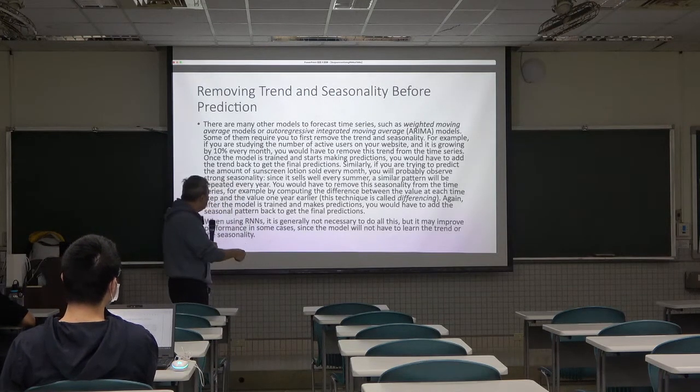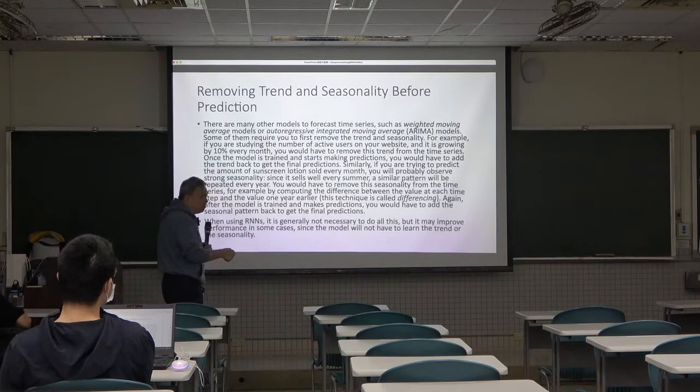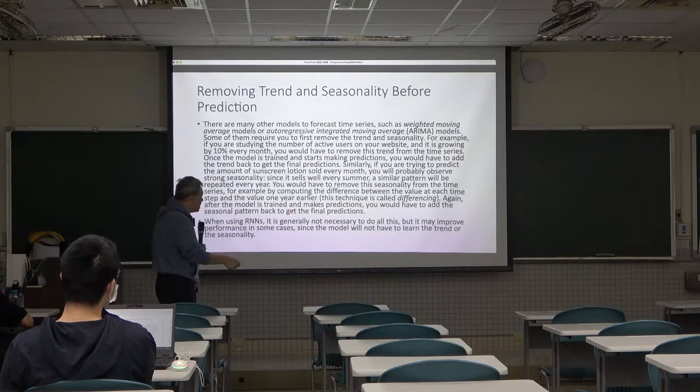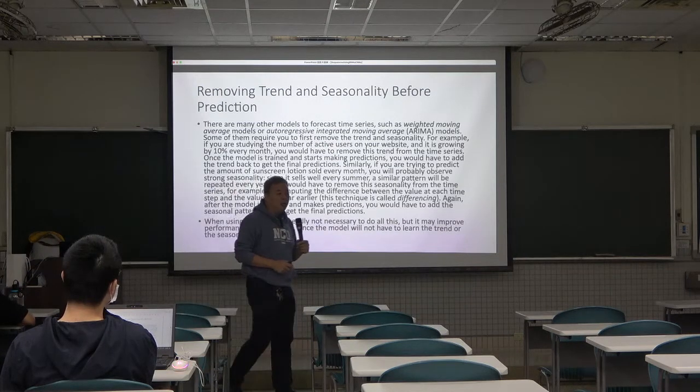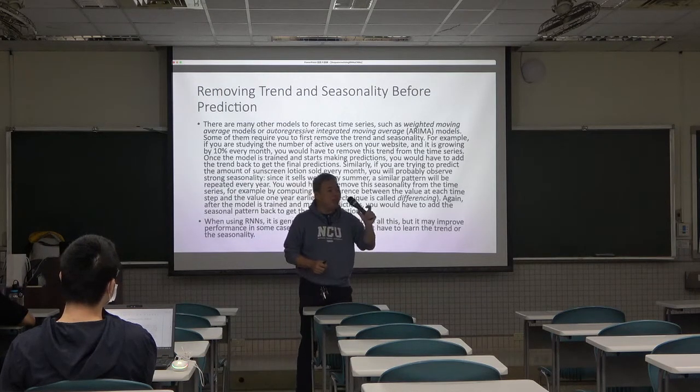So how do we remove this seasonality? We can use a technique called differencing. We basically just obtain the difference between the value at each time step and the value one year earlier. We use that difference value as our data set.